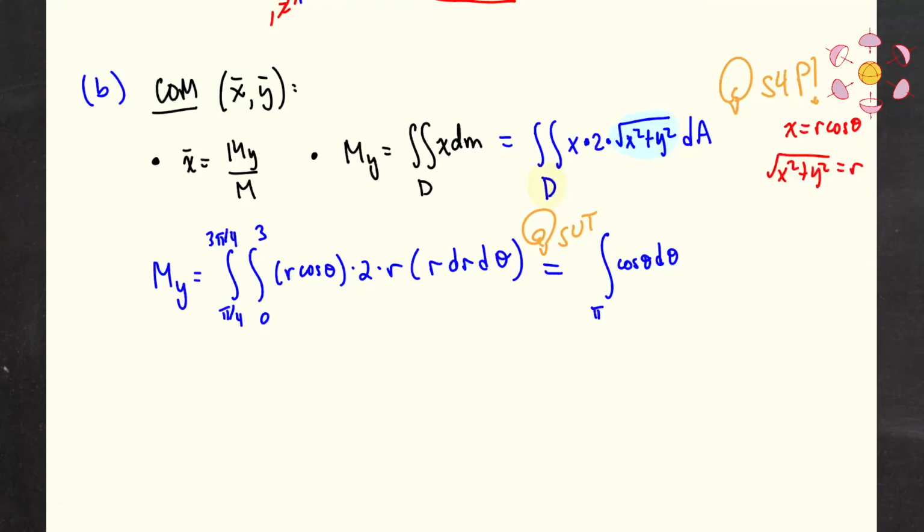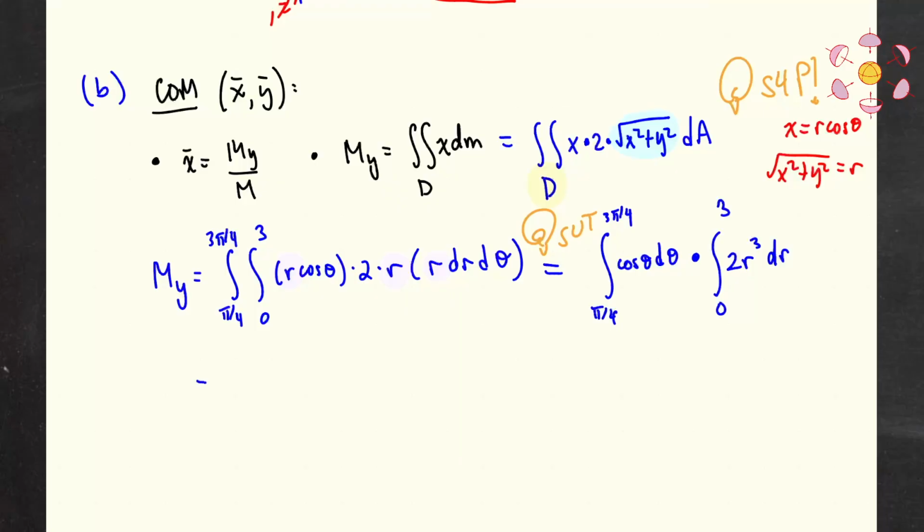Notice that we do have a function in theta, cosine. So this is from pi over 4 to 3 pi over 4, times the integral in r, which I've got how many r's? Let's count. 1, 2, 3. So we've got 2r cubed dr. r goes from 0 to 3.